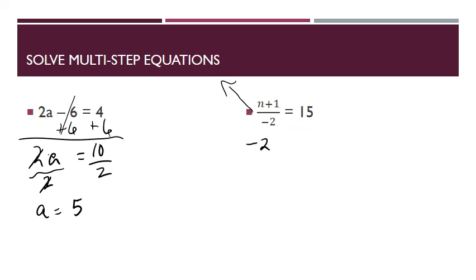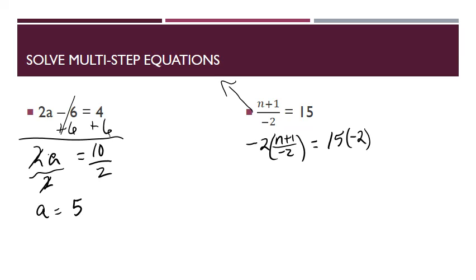I'm trying to isolate the variable. That's my goal. Well, let's do n plus 1 over negative 2. And on the right-hand side, I've got 15 times negative 2. So I'm multiplying both sides of the equation by negative 2. What I do to one side, I must do to the other.